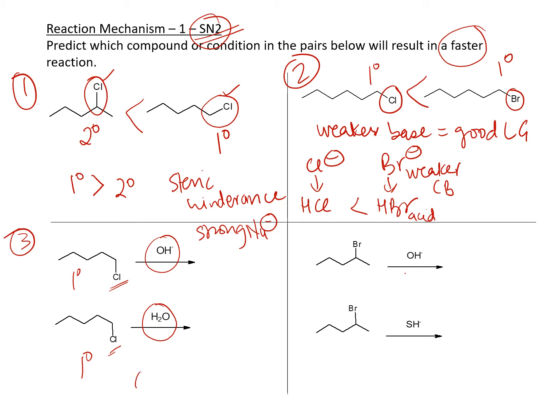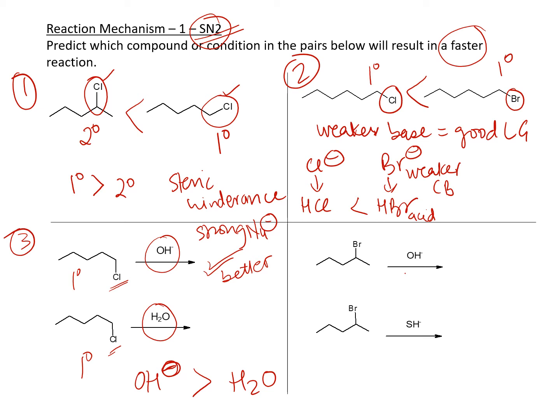Which one is a better nucleophile, hydroxide or H2O, water? Hydroxide is better. Why is it better? Because it has a negative charge. If it has a negative charge, then it is a stronger nucleophile. So in this case, this is going to be a better reaction, not the one with the water.